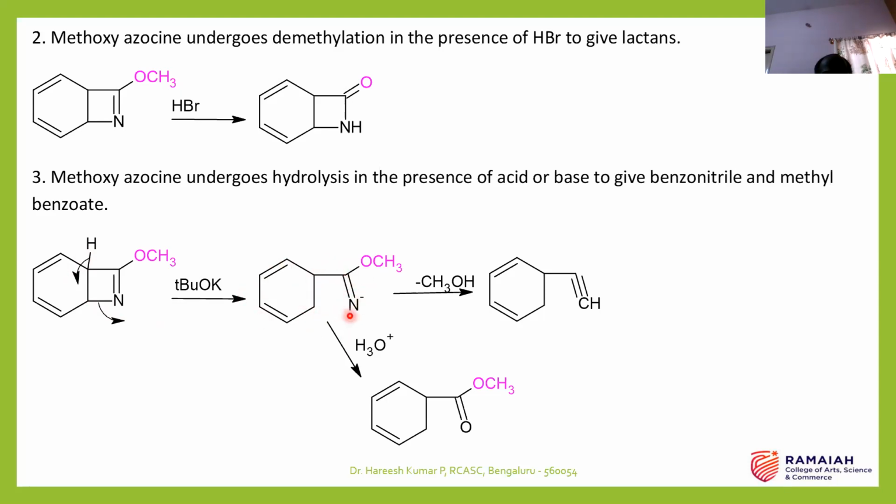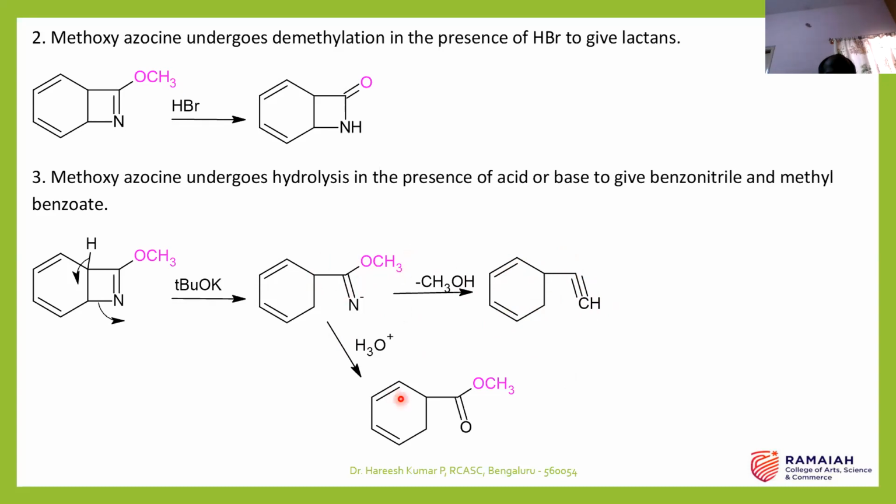This bond pair can come over here, and the methoxy group can pick up a proton and go out as methanol, leading to the formation of phenyl cyanide, or benzonitrile. Benzonitrile is the more preferred name, because nitrile is accepted in IUPAC nomenclature.